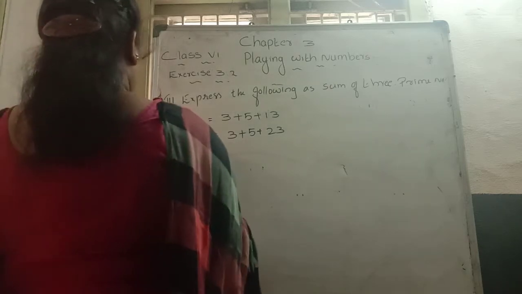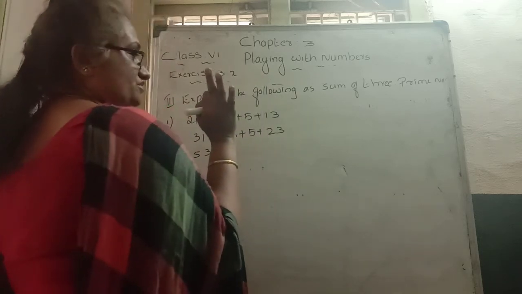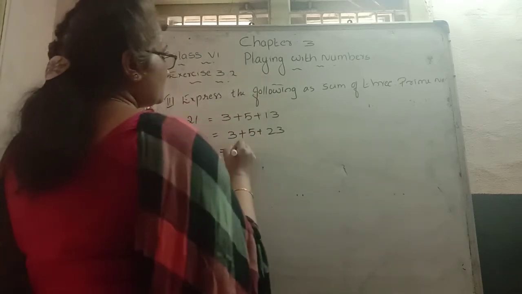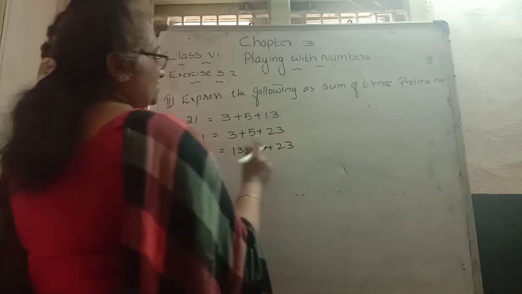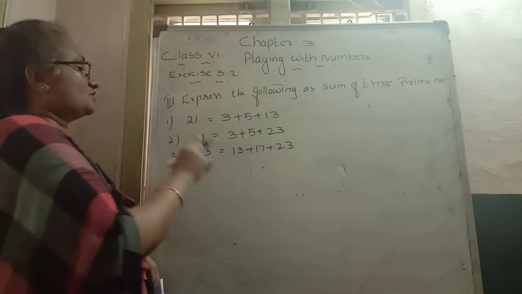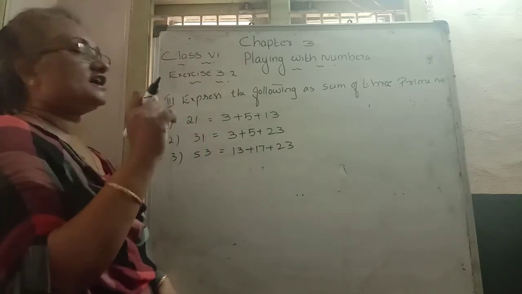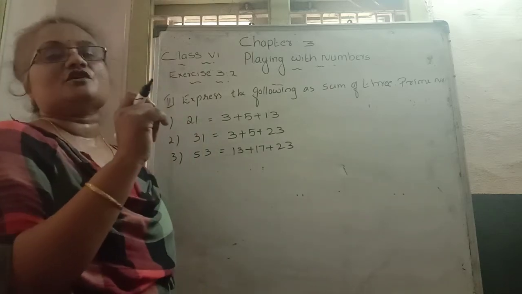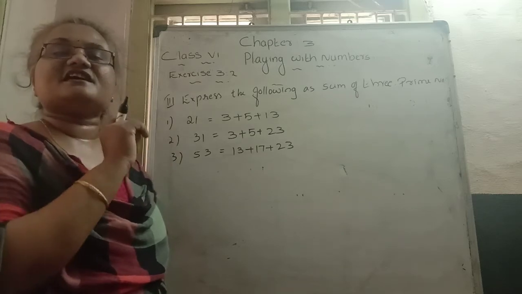One more question, 53. How do we use only 3 numbers? How can we express it? 13 added with 17 plus 23. In this way we can express the questions that ask for a sum of three prime numbers. I hope you can understand this question. These are the important things they explained in that exercise.